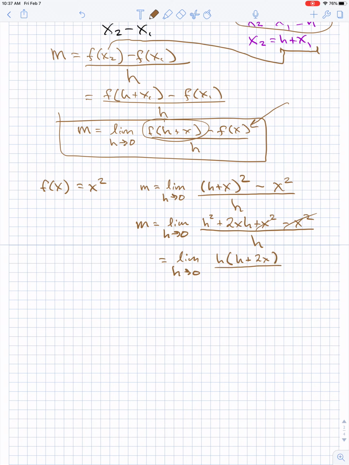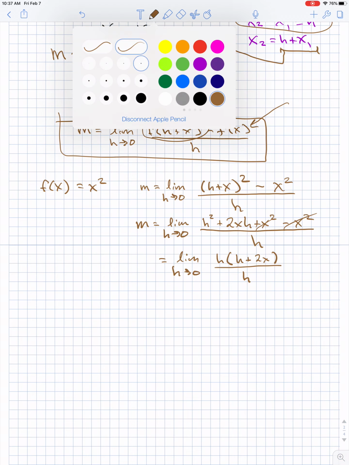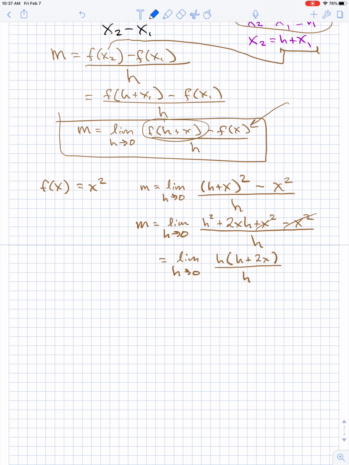And here it comes, folks, the big magic moment of calculus, the thing that took thousands of years to figure out, that no one could figure out. Remember that problem? If we plug a 0 in for h, we divide by 0. Boom. h cancels out. There's no more h's in the denominator. And that is the key, the trick to the derivative.